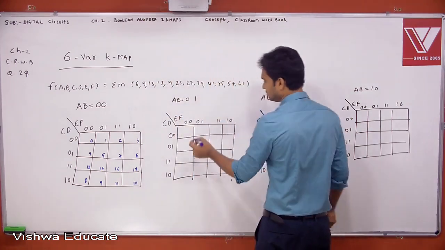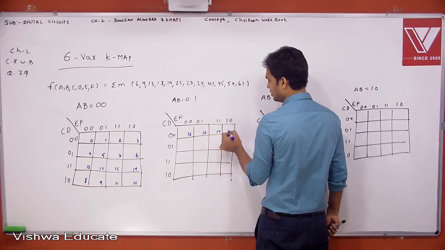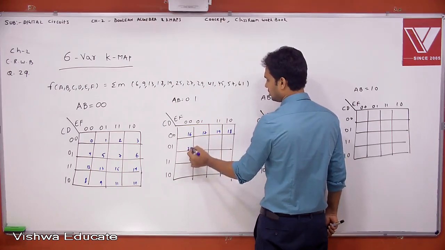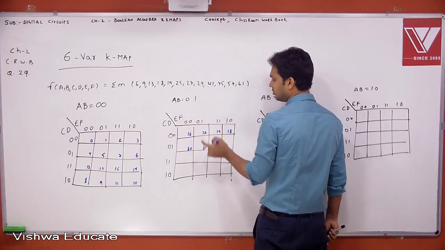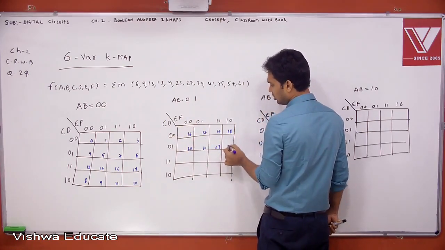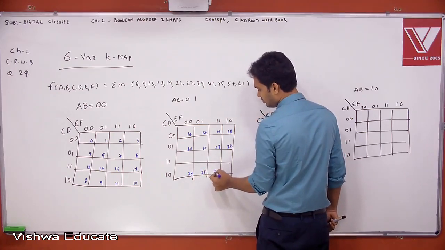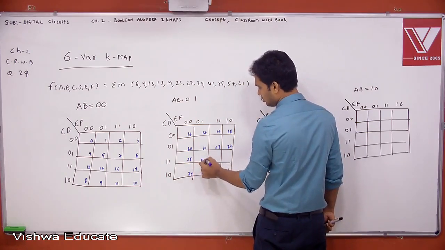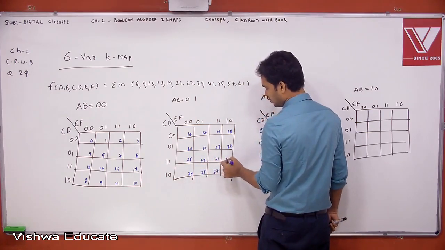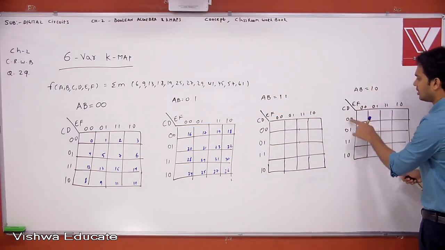Next, 16, 17, 19, 18, 20. This is how to read A, B, C, D, E, F. 23, 22, up to 31. Next here 32 will come because it is 1 0 0 0 0 0.